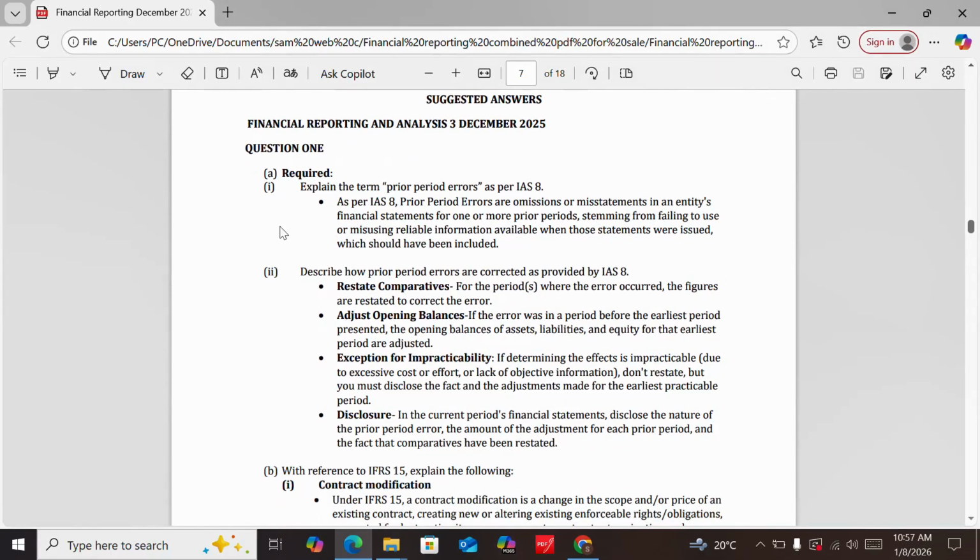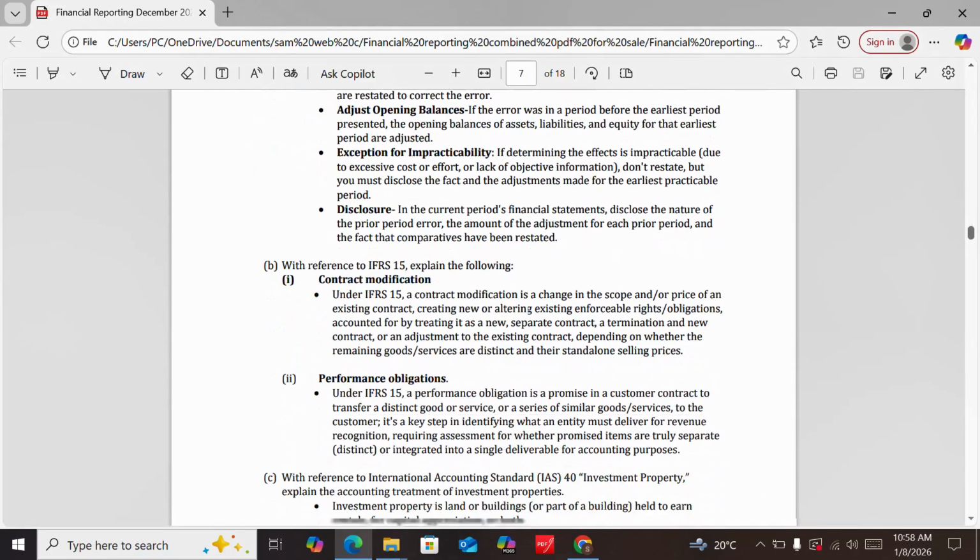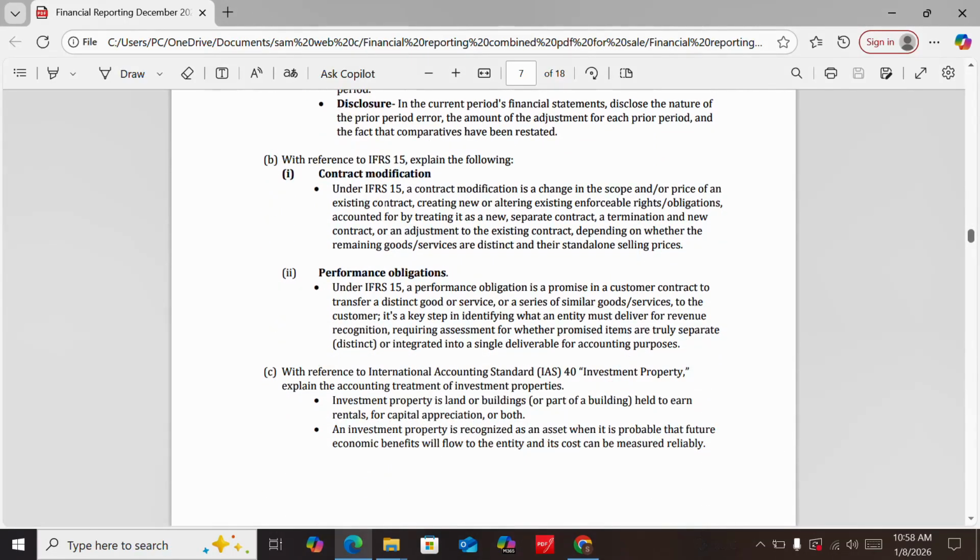So this is the answer to the first question, that is explain the term prior period errors as per IAS 8. Describe how prior period errors are corrected as provided by IAS 8. B. With reference to IFRS 15, explain the following terms: contract modification and performance obligation.